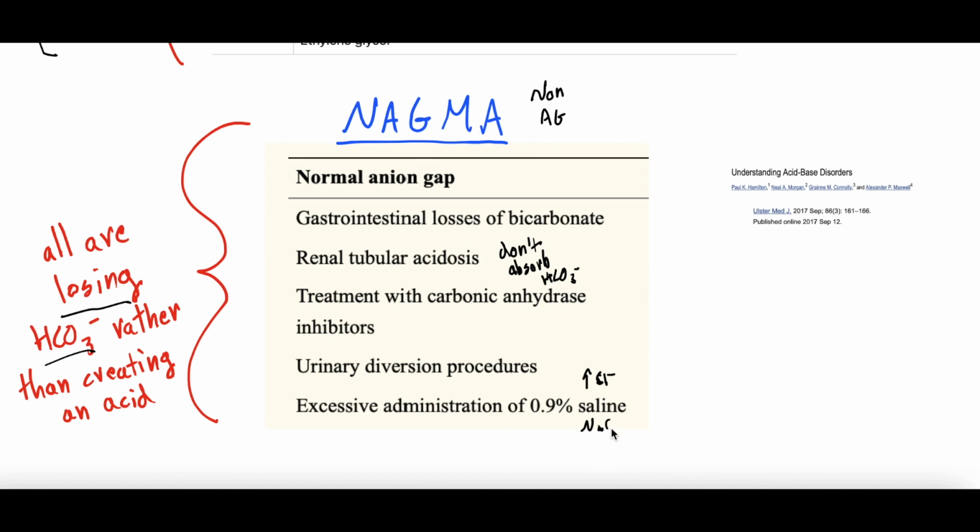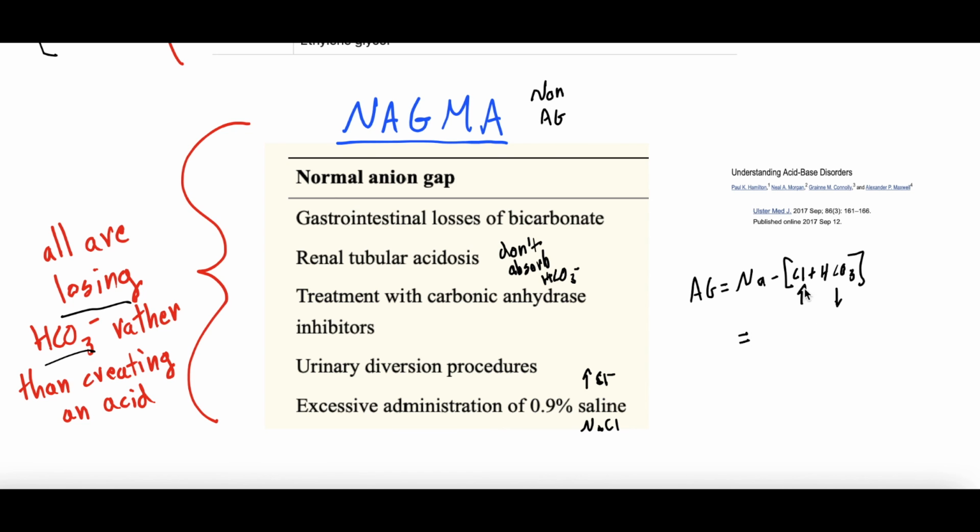So you see the difference here? The non-anion gap ones, you're not having this extra acid being produced. You're just losing bicarbonate. And what we talked about, right? Again, repetition, anion gap equals sodium minus chloride plus bicarb. And if you just lose bicarb, your body automatically holds on to more chloride.